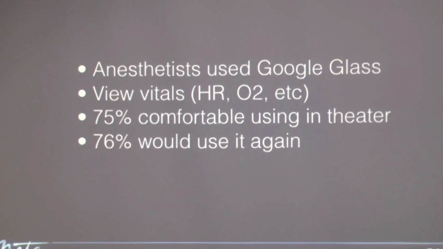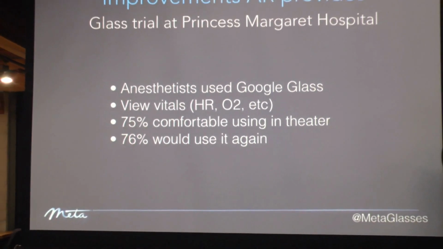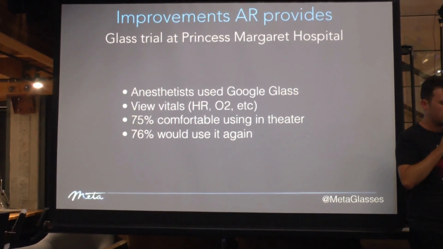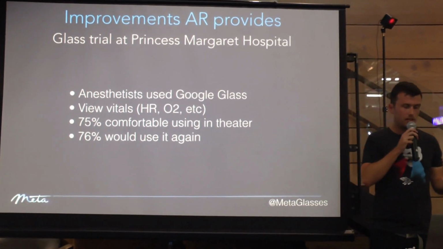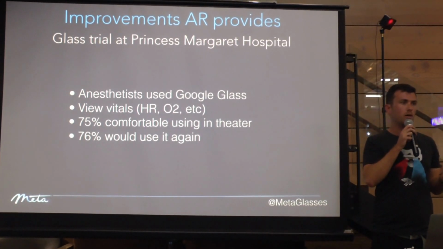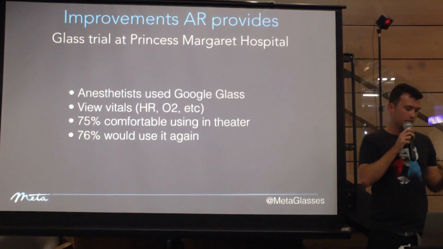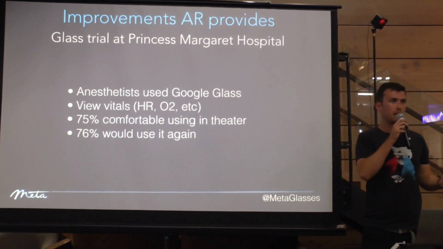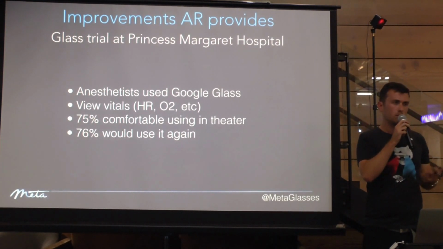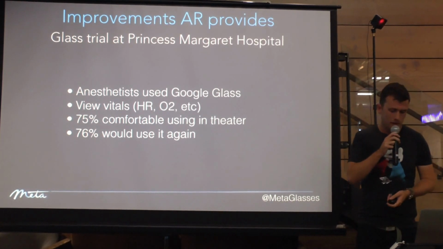That was enough. That was a use case that was really important to them. So yeah, 75% of these guys were comfortable using just this trial in an operating theater, and 76% would just use it again. They were really happy with the whole process.